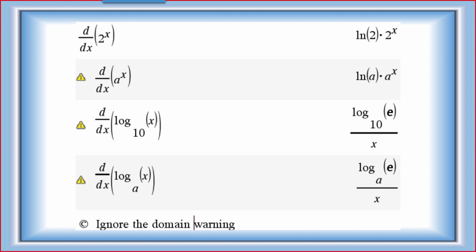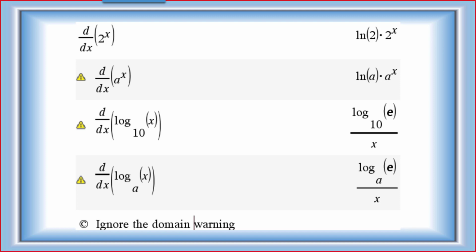And using this, I can verify why the derivative of log of x is 1 over x. We can do that. So if I look at the next one, derivative of log of x to base 10, once again it wants to go into log of e to base 10.